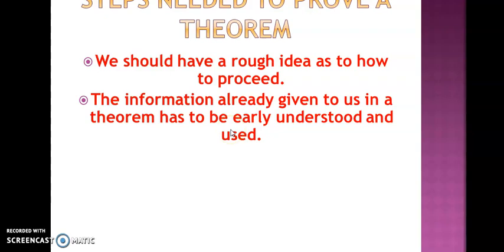For example, if I say the product of two even natural numbers is also an even natural number, then in this statement they gave two even natural numbers, isn't it? That is the given. By using those natural numbers, you have to prove that the product of two even natural numbers is an even natural number. Okay, understood? Shall we move to the next step?